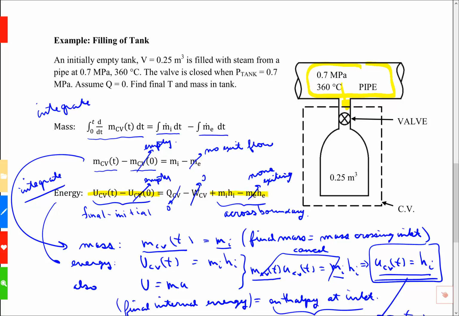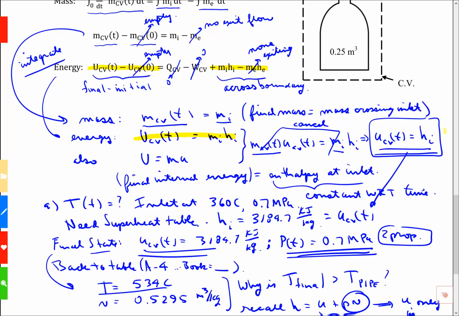We started with the tank empty, so the final internal energy is equal to the mass that flowed in times the enthalpy at the inlet flow. This kind of thinking requires constant enthalpy at the inlet to make this integral. These are the conditions under which we did this integral.